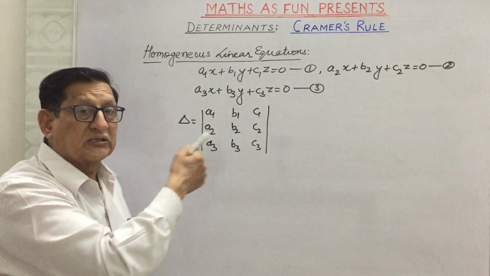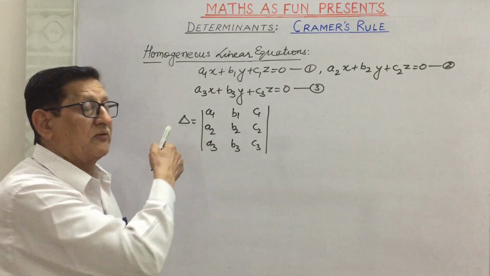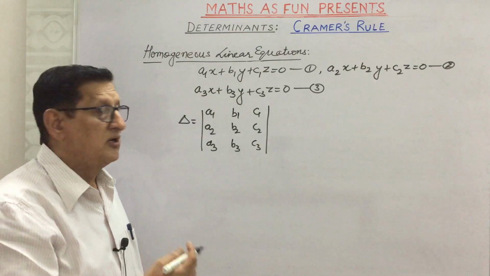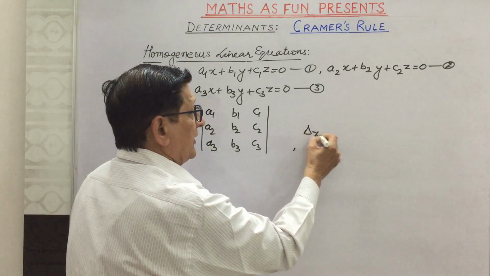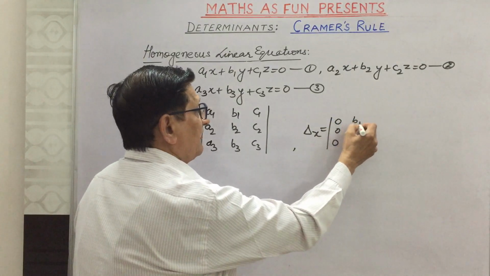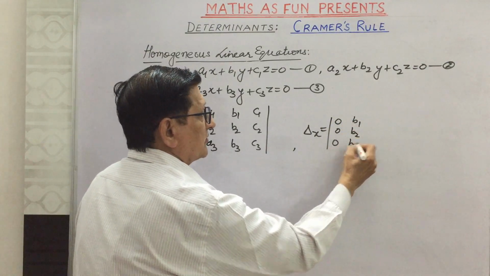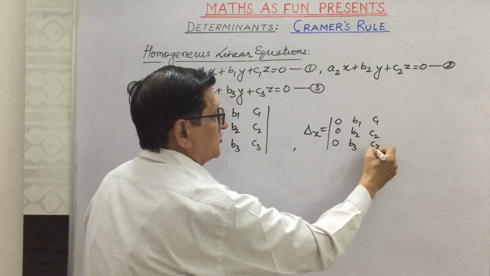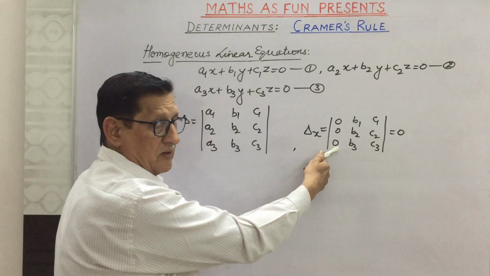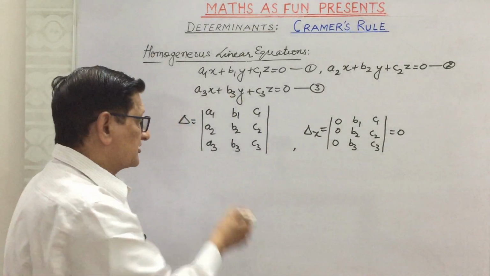Now the main thing depends on the value of delta only, if delta is 0 or it is non-zero, because we know that delta x in such case will be 0, 0, 0, b1, b2, b3, c1, c2, c3, and the value of this will be 0 because all the elements of first column are 0.